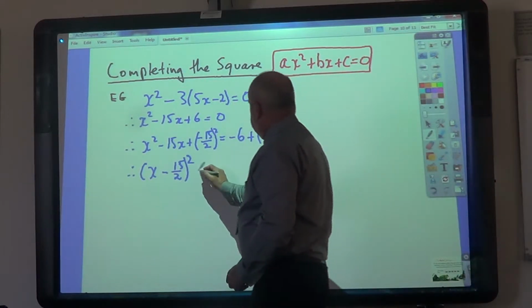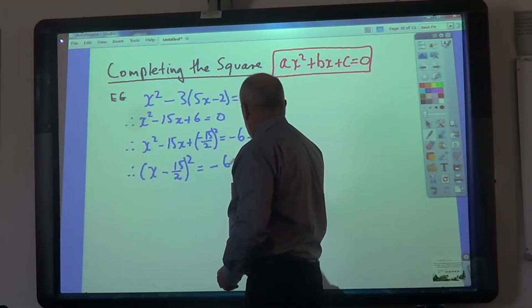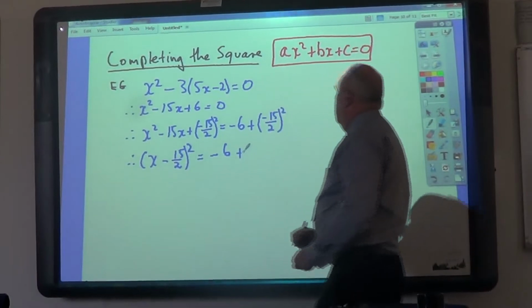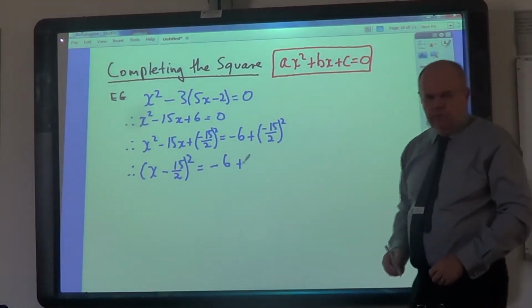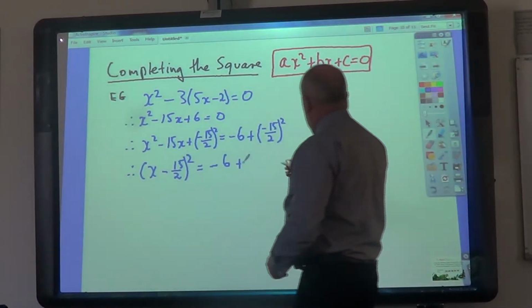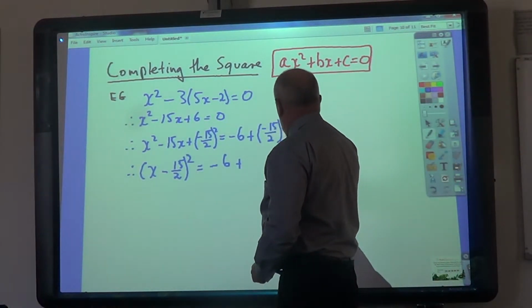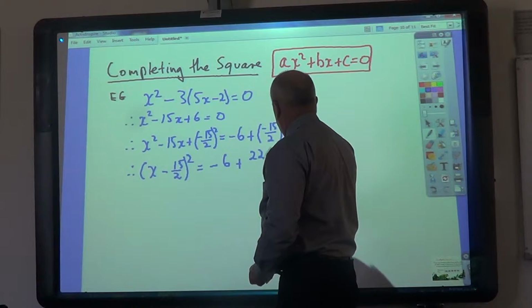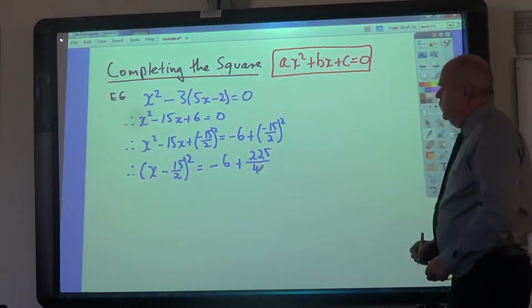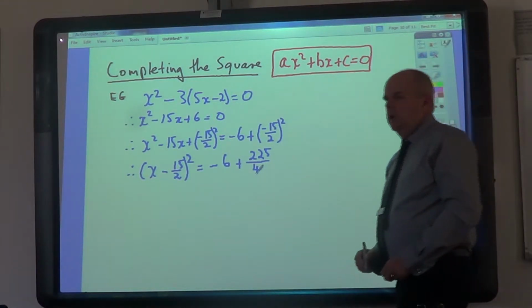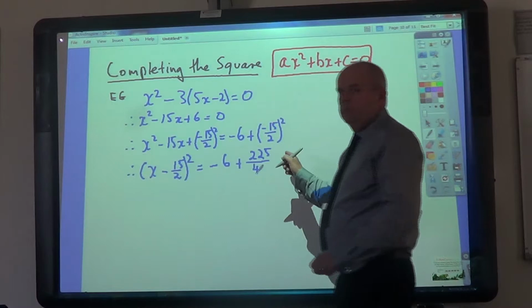Now I'm going to take the opportunity to tidy up the right hand side a bit. 15 squared is 225, is it not? So now anything squared is positive, remember that. Over 2 squared is 4. Okay, so, sorry, have I got that right? Yeah.